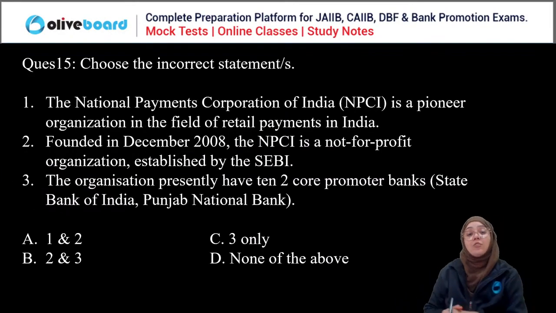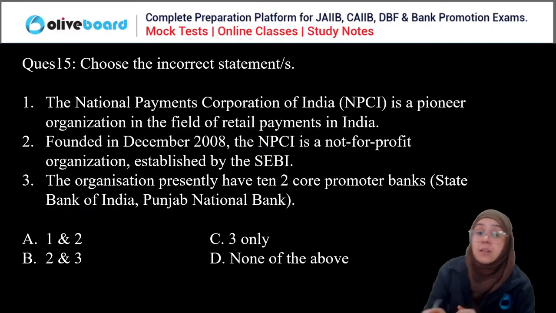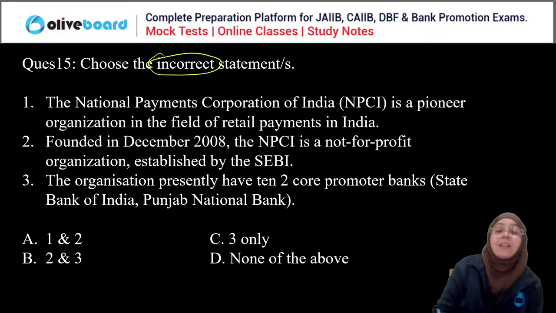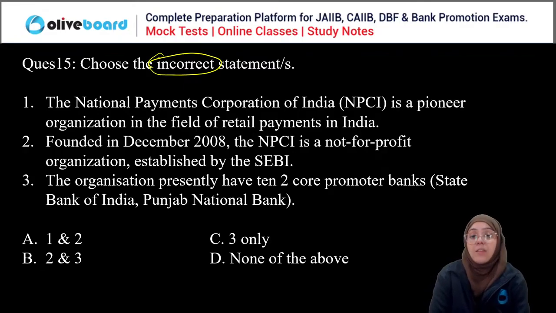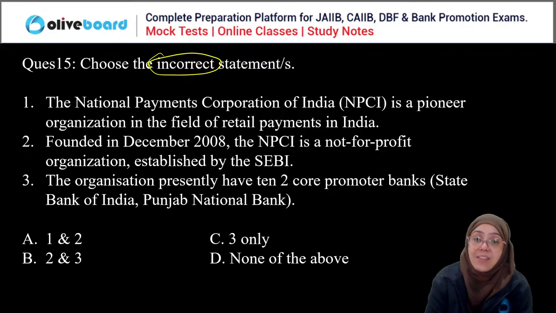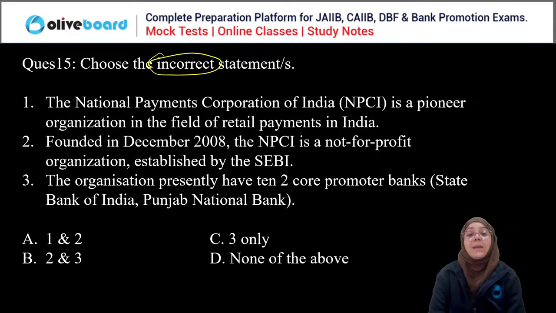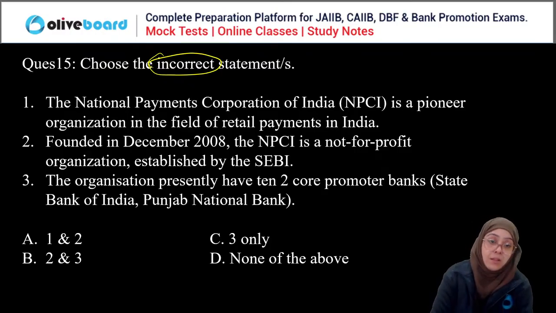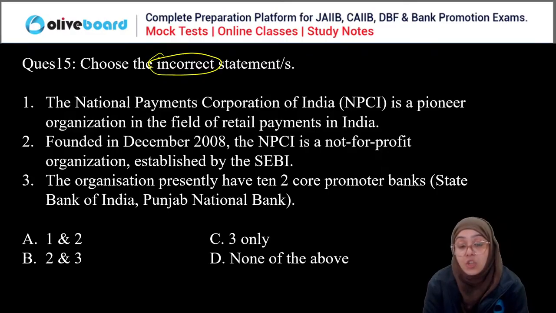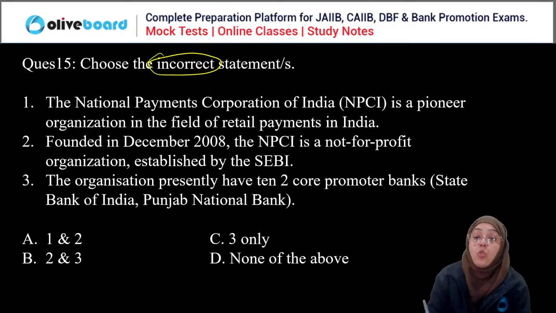Okay, next question. We have to choose the incorrect statement here. First of all, NPCI, National Payments Corporation of India, is a pioneer organization in the field of retail payments in India. Founded in December 2008, the NPCI is a non-profit organization established by SEBI. The organization presently has two core promoter banks, State Bank of India and Punjab National Bank.